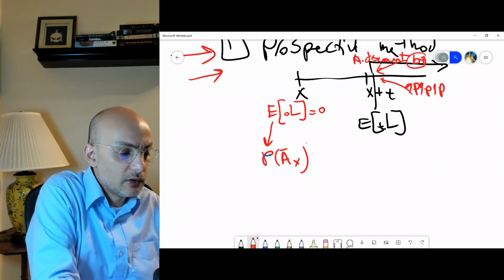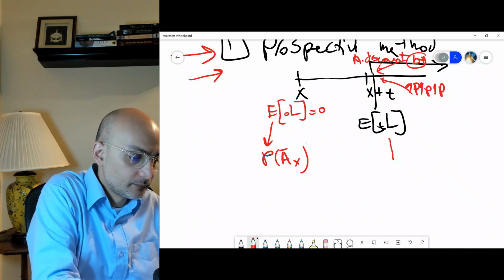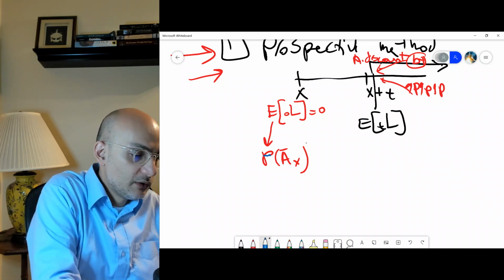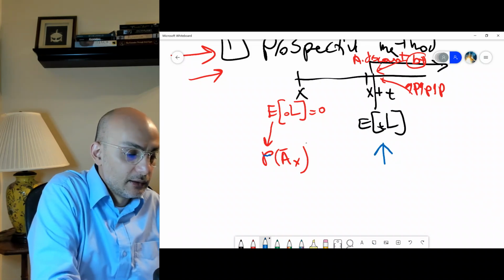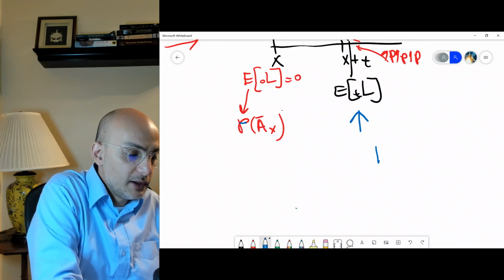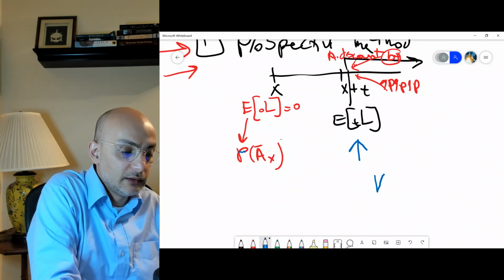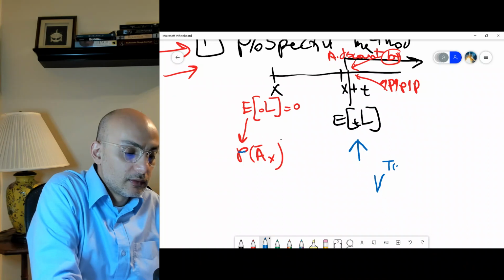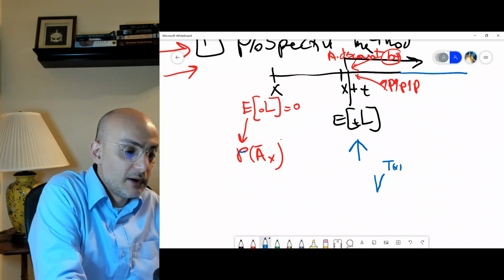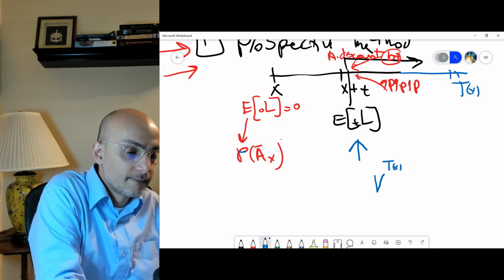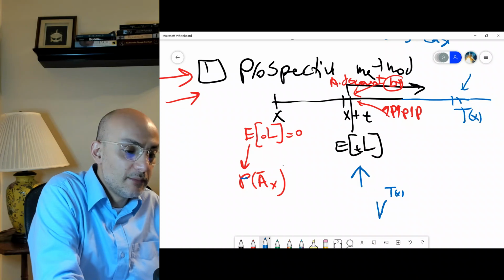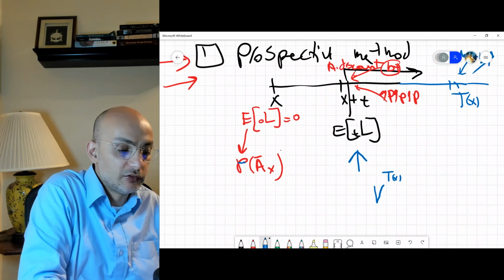So now when you are here, what you are expecting in the future, right? The death might happen somewhere here, and this is when you pay the unit of insurance.